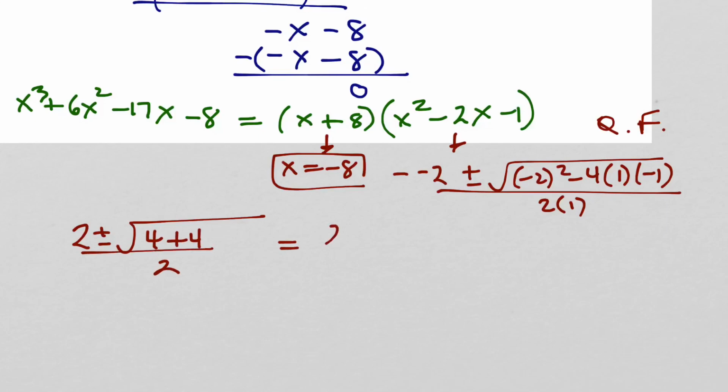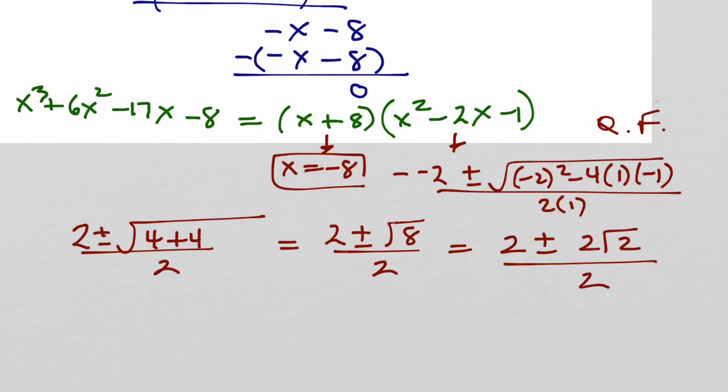So that's 2 plus or minus the square root of 8, over 2. 2 plus or minus 2 root 2, over 2. So cancel, cancel, cancel. Our other two zeros are 1 plus root 2 and 1 minus root 2.